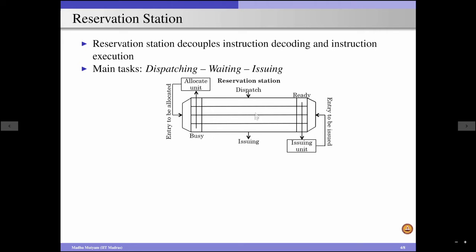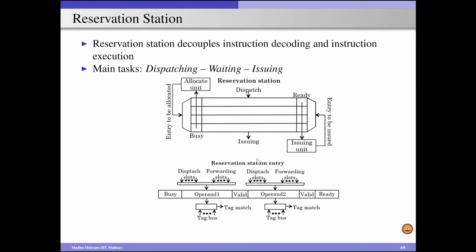So, each entry of this reservation station will look like this. It consists of a busy bit, operand 1, a valid bit, operand 2, a valid bit, and ready. As soon as an instruction is dispatched to an entry, we set the busy bit, and operand 1 is the source operand 1 for the instruction.